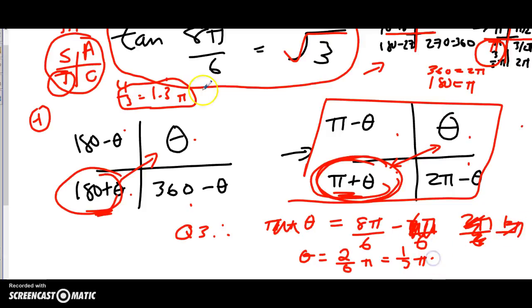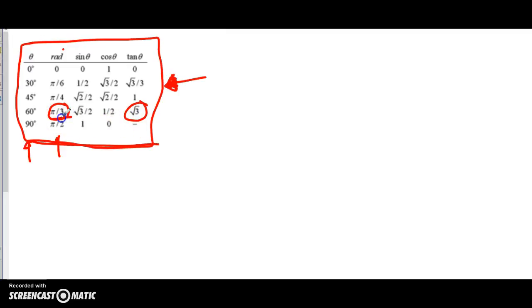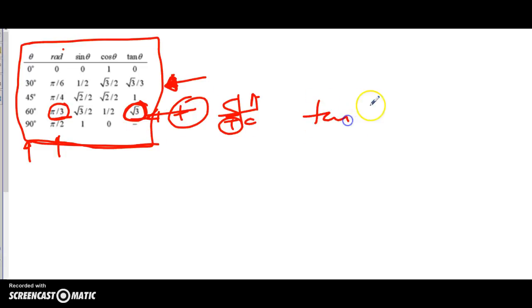Then I look over on my table, and I'm related to 1 pi over 3. I want the tan of 1 pi over 3. It's root 3. I also knew that I'm in the third quadrant, so my answer is positive, and that's my final answer. So tan of 8 pi over 6 is equal to root 3.